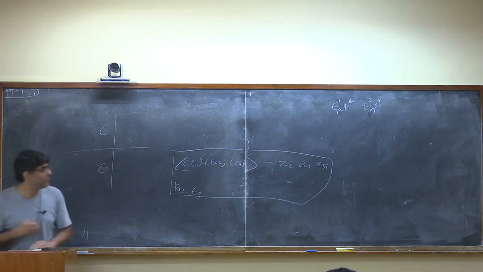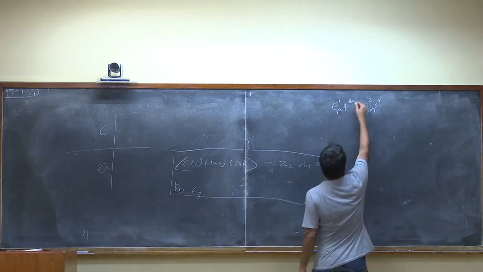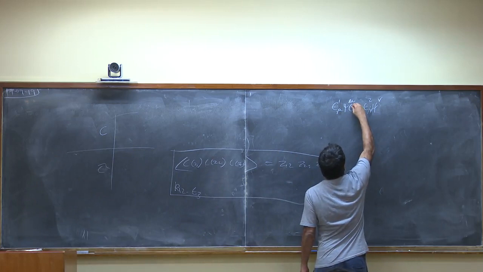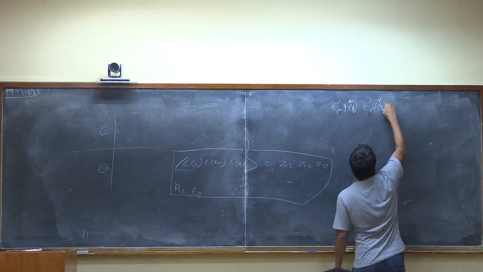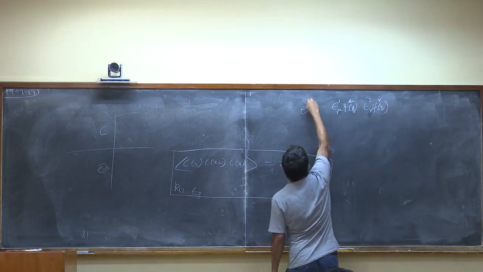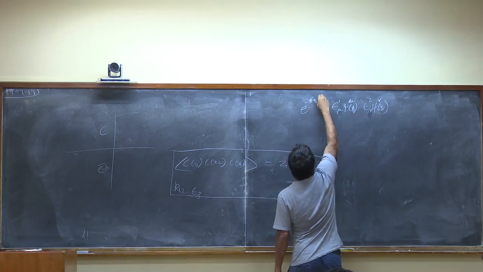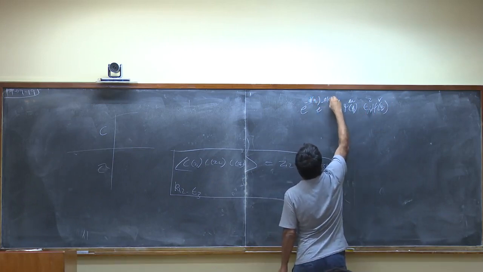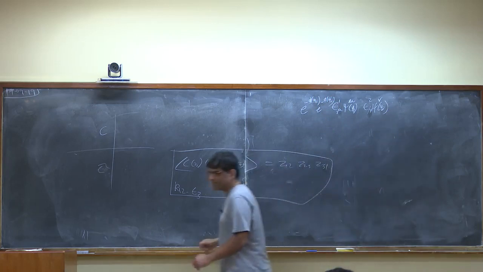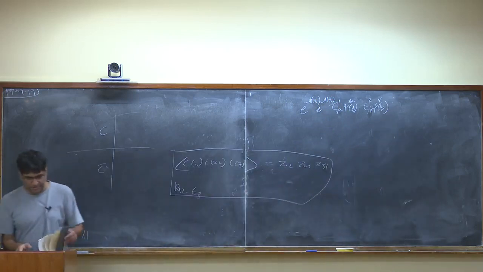Both of these, of course, came with a, so this is at y1, this is at y2. Each of these came with an e to the power minus phi of y1, e to the power minus phi of y2. And then there was a zero picture vertex operator, which I'll read off from Polchinski.